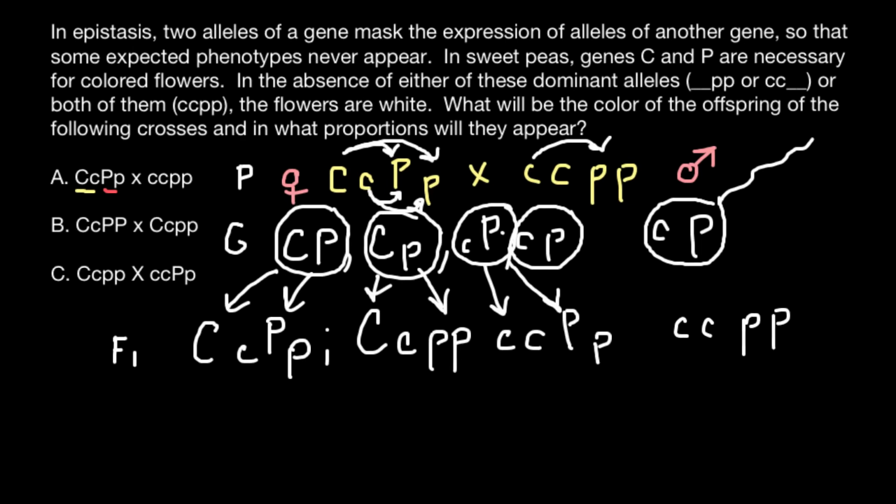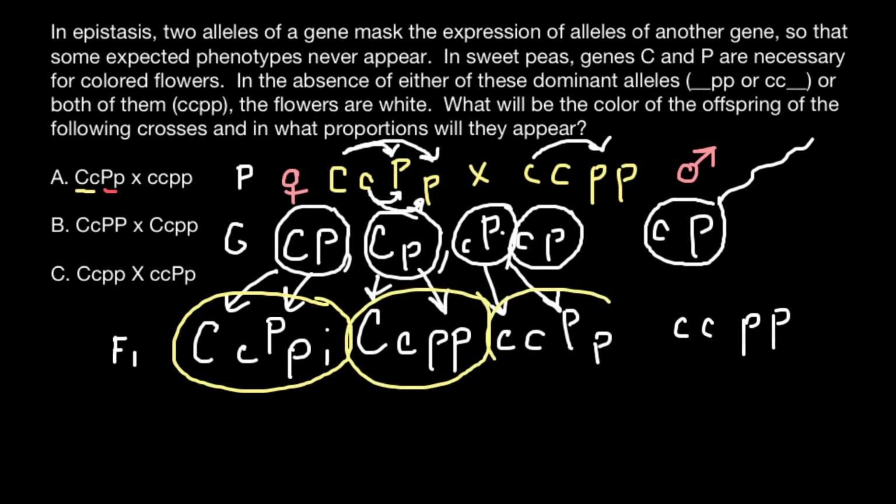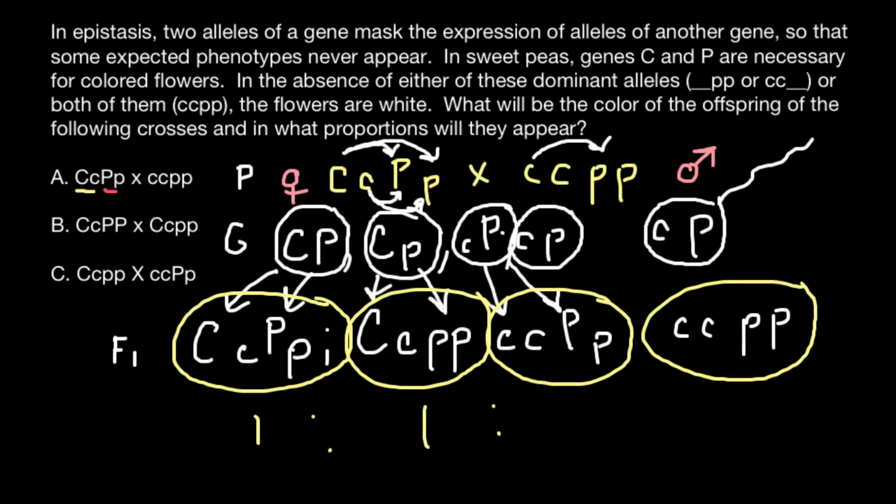So 4 different genotypes here. This is one genotype, this is second, third, and fourth. And as you see, now we have a ratio. The ratio here would be 1 to 1 to 1 to 1.